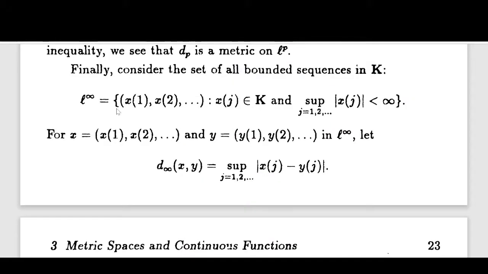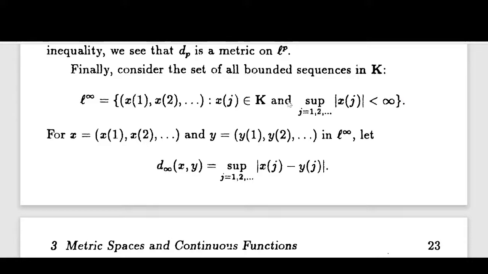Now our next example is the set of all bounded sequences in K, which is denoted as l^∞. It is defined as the set of all (x_1, x_2, ...) such that x_j belongs to K and the supremum over j = 1, 2, 3, ... of |x_j| is finite.